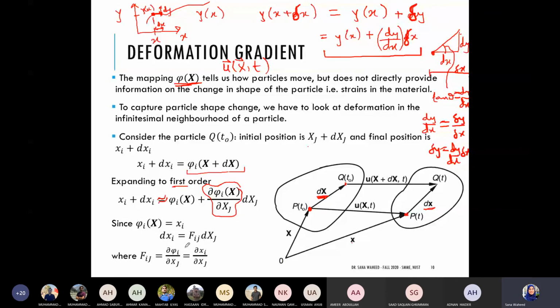Where again I'm going to be a little sneaky and substitute that phi I evaluated at X was just small x, so that this expression can be written as phi I evaluated at capital X is just del of xi with respect to del of xj.